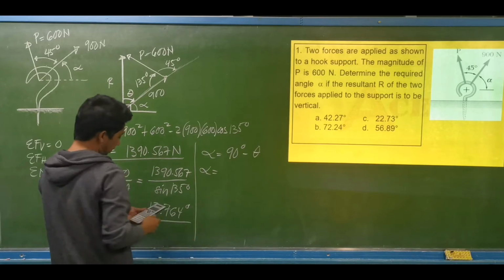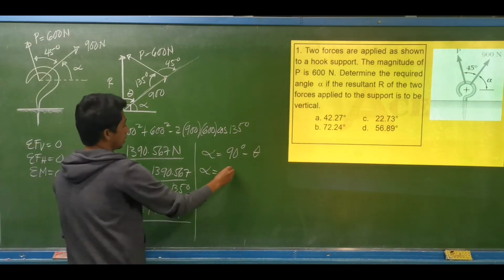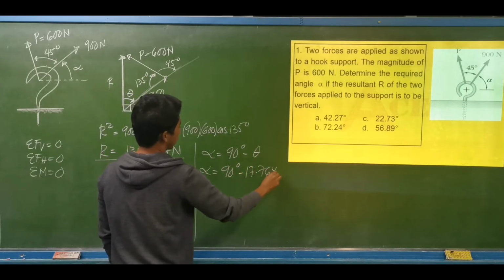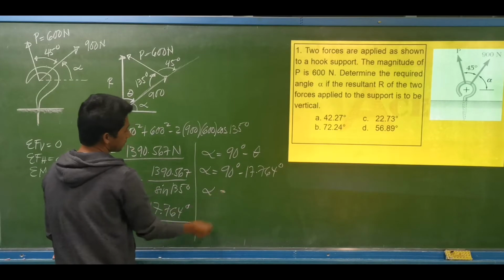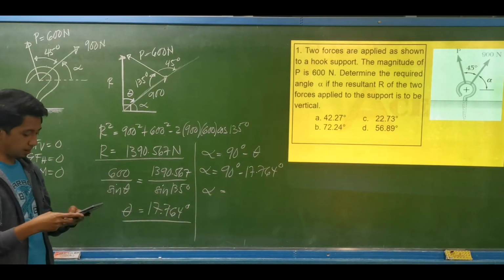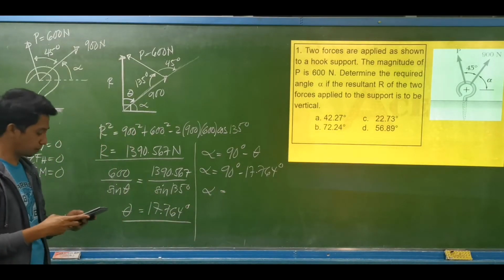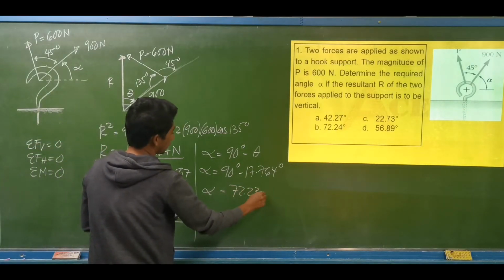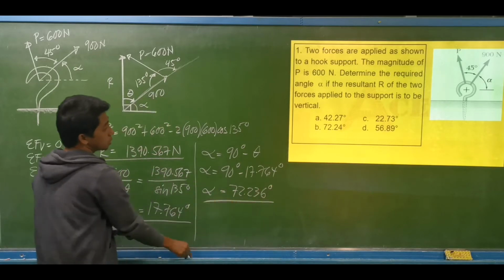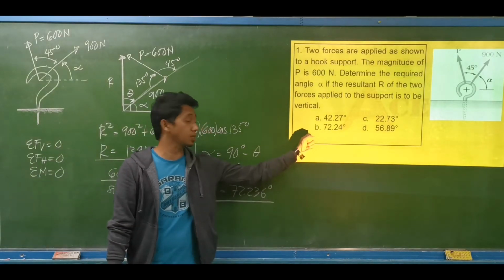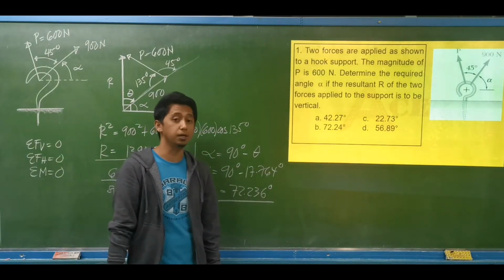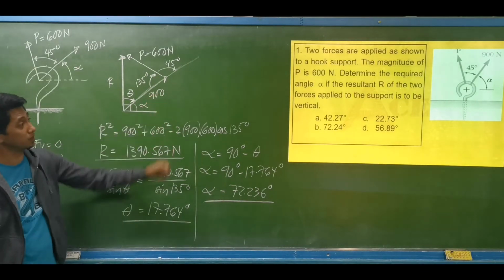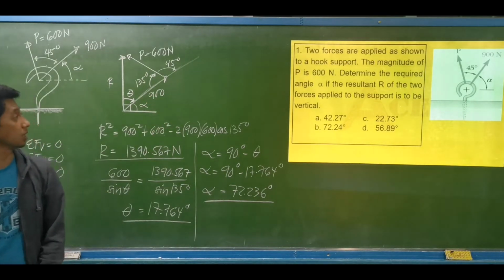So we have 90 minus 17.764 degrees is equal to 72.236 degrees. So in our choices, the nearest value is letter B, 72.24 degrees. So this is one passboard exam problem for civil engineering.